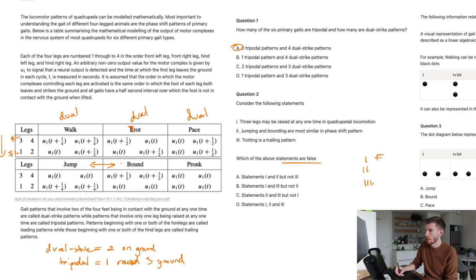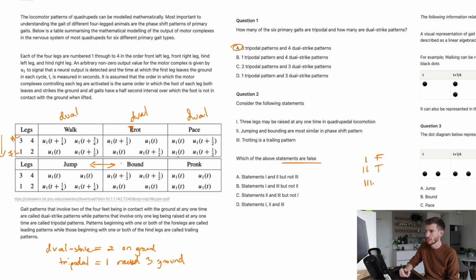But in terms of similarity, there's probably the most similarity between these two than any other two, because it says phase shift pattern, not necessarily the timing or anything. So this is just front, back, front, back, front, back. So yes, there'll be a change in whether it's a leading or a trailing pattern, but overall the actual gait system, the pattern is actually the same, just different in terms of its time intervals. But that's not really what we're looking at in this statement. So that is a very true statement.